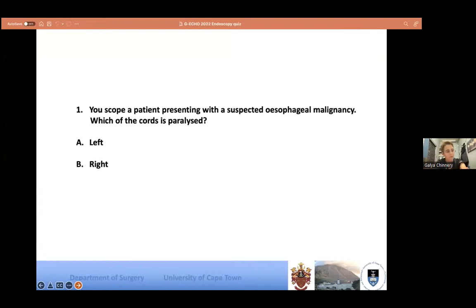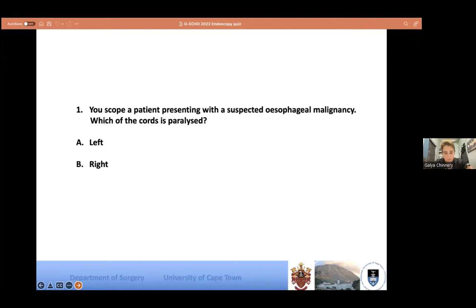Why am I asking this, and why should you be looking with every esophageal malignancy? Well, quite obviously, if the tumor has infiltrated the recurrent laryngeal nerve and has paralyzed one of your cords, you know that lesion is a malignancy that's beyond a T4 stage and is locally advanced, and as such, not an operative candidate.